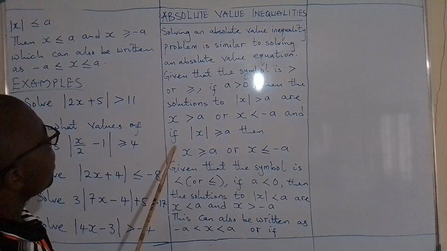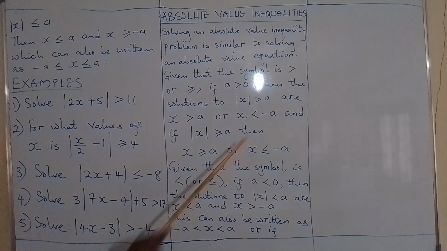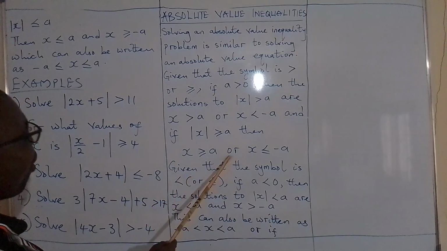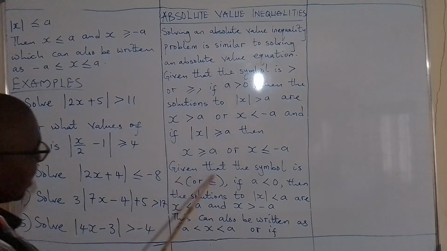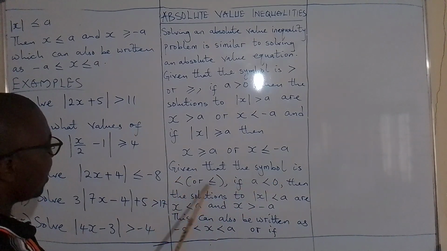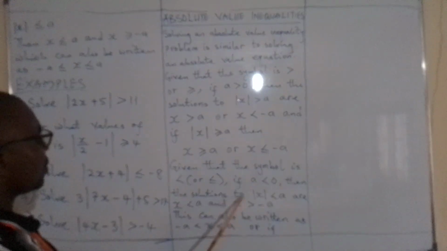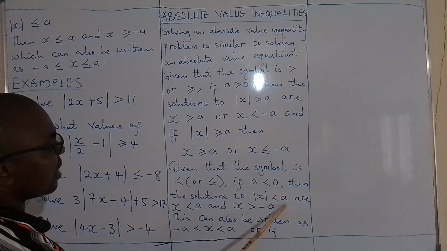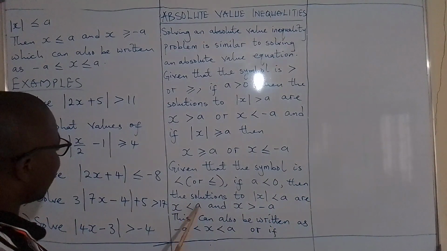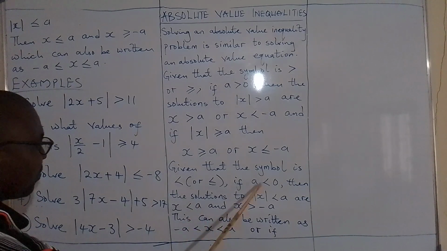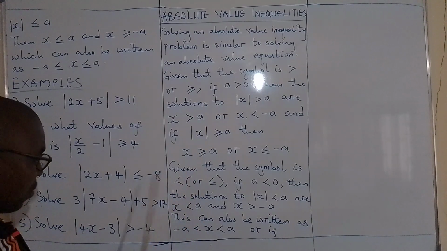Now, if the absolute value of X is greater than or equal to A, then X is greater than or equal to A, or X is less than or equal to minus A. Given that the symbol is less than, if A is greater than 0, then the solutions to the absolute value of X is less than A are X is less than A and, take note, for less than we use the word "and", for greater than we use the word "or".